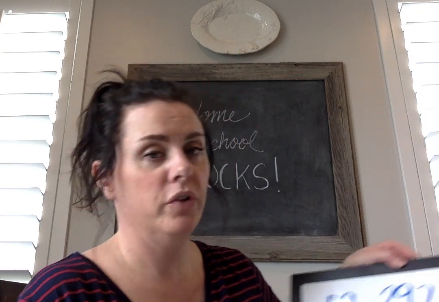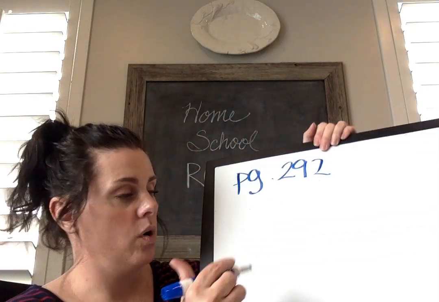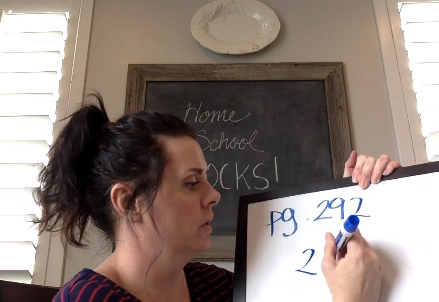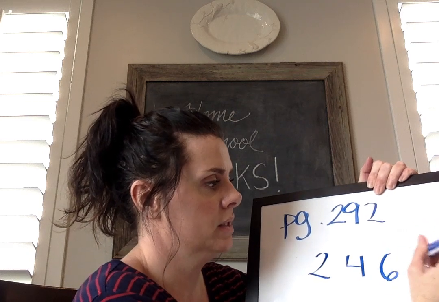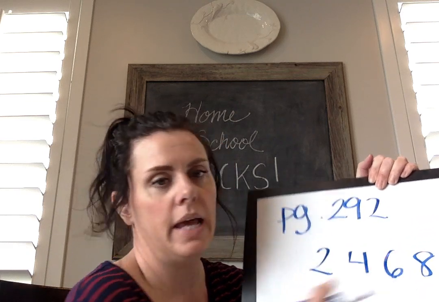We're counting by 2s, right? So it should look like 2, 4, 6, 8, 10, correct? Hopefully you wrote that in your book. This is 4A: 2, 4, 6, 8, 10.